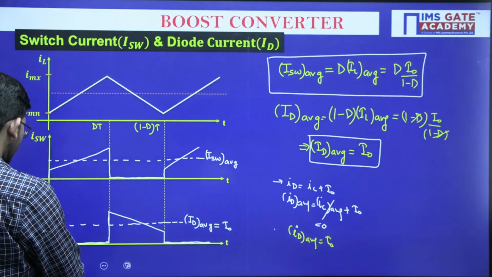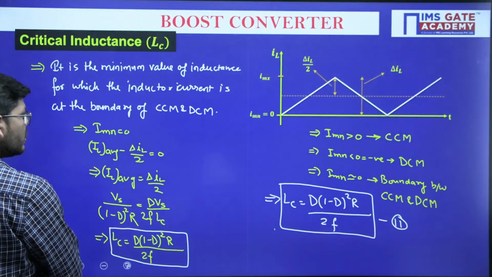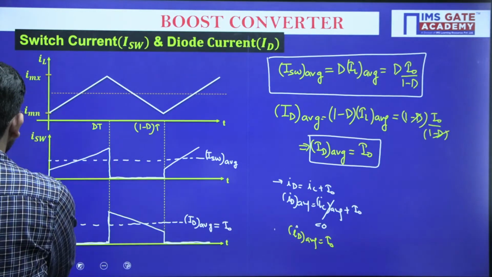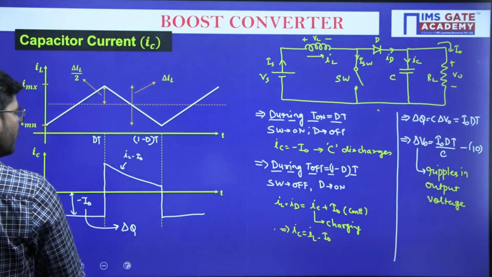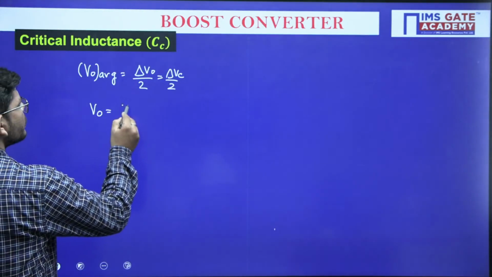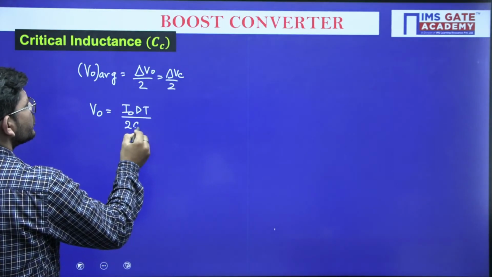How was del V naught obtained? From the capacitor current we have obtained this. So del V naught is I naught D T upon C, and 2 is also there.